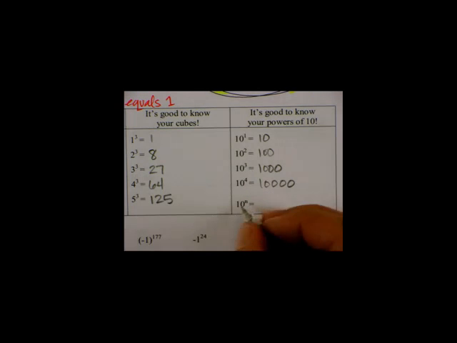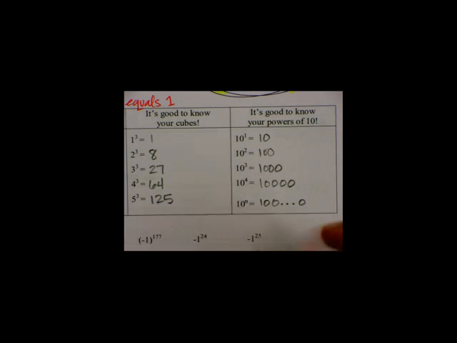So in general, if I have 10 to the nth power, this is going to be however many zeros n is. So we're going to have n zeros for any number that we have for n.